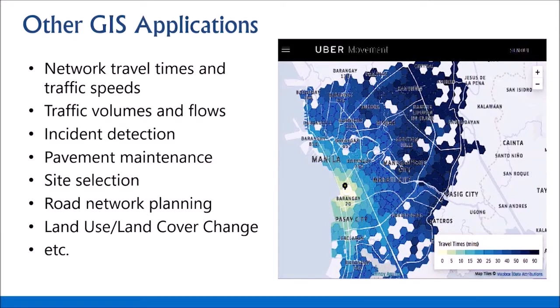But in here we have a figure showing you travel times from the pinned point to the different areas in hexagons. So the dark colored areas there represent travel times of more than 1 hour.